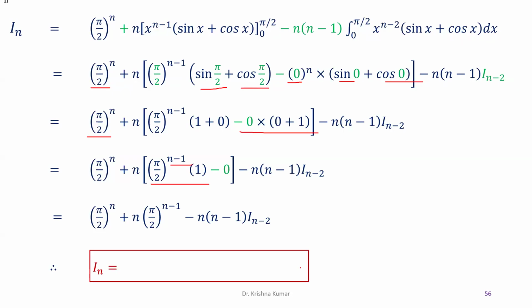Therefore, I_n is equal to (pi by 2)^n plus n into (pi by 2)^(n minus 1) minus n into (n minus 1) into I_(n minus 2). So this is the desired result. Thank you.